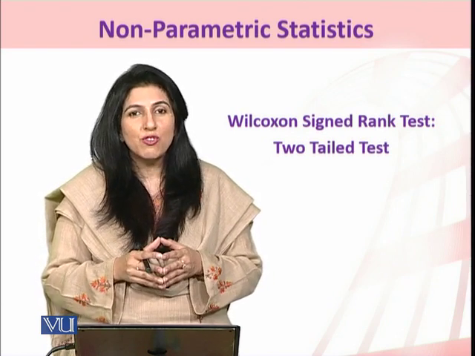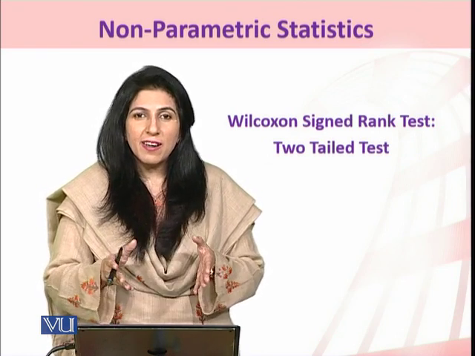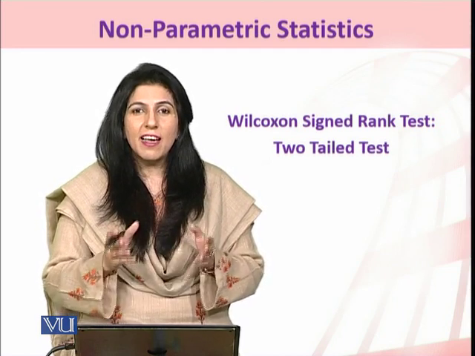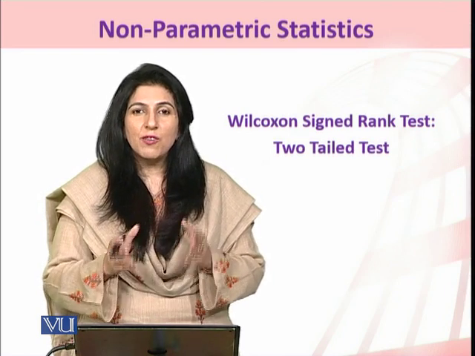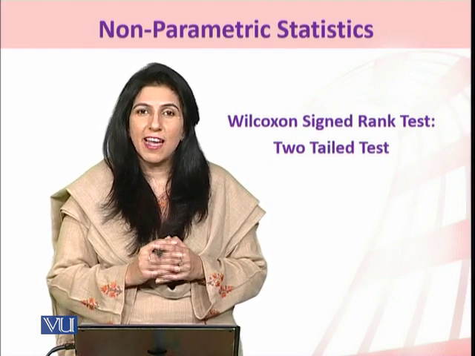Then we can make use of the Wilcoxon Signed Rank Test, provided that the pairs for which the observations are given to us are a related sample or a matching sample. So we can test this pair of hypotheses using the Wilcoxon Signed Rank Test.